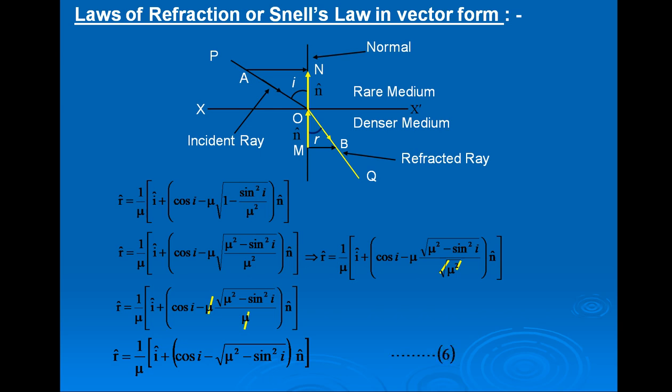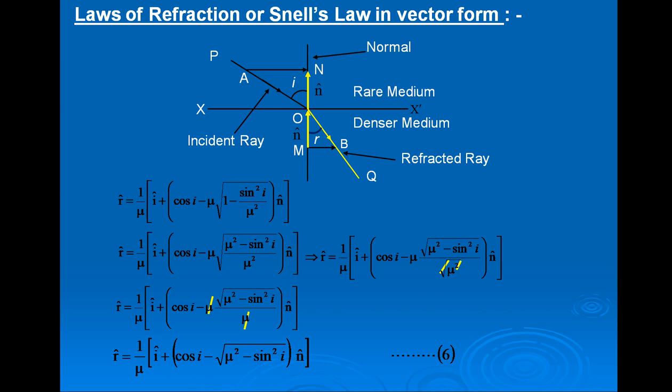So this is the law of refraction in vector form. That is, if we are given i cap, the unit vector along the incident ray, and n cap, the unit vector along the normal at the point of incidence, we can find the unit vector along the refracted ray of light, that is along OQ.